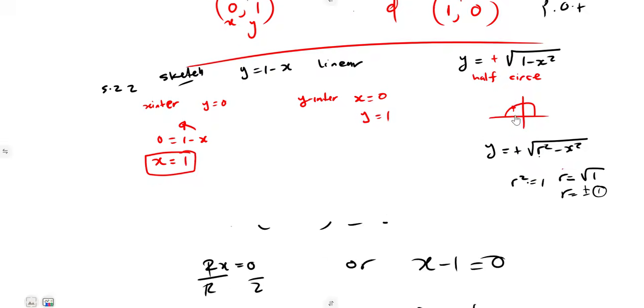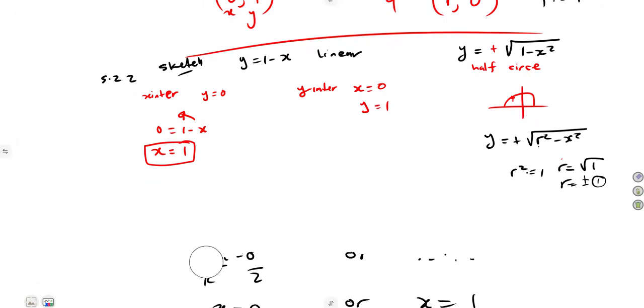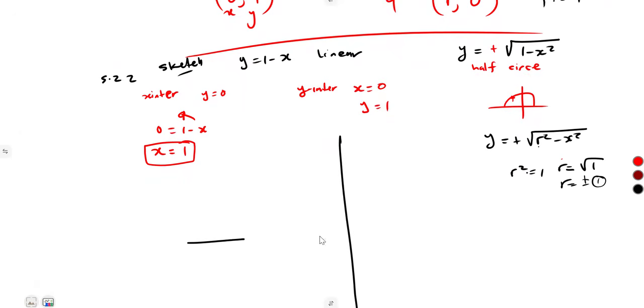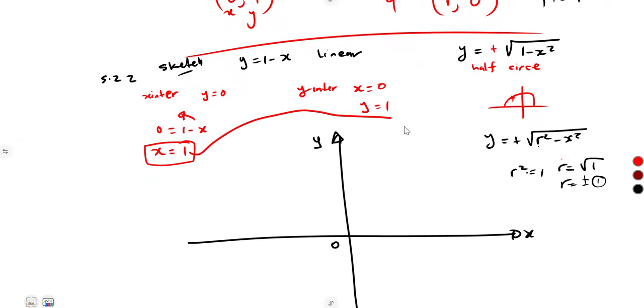So guys, this was a straightforward question. We've got our x and y axes like this, and all the values are around 1, so 1 and minus 1 on each axis.